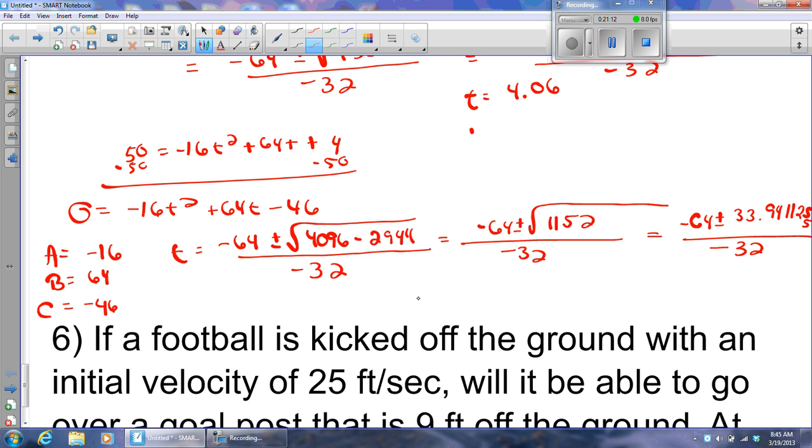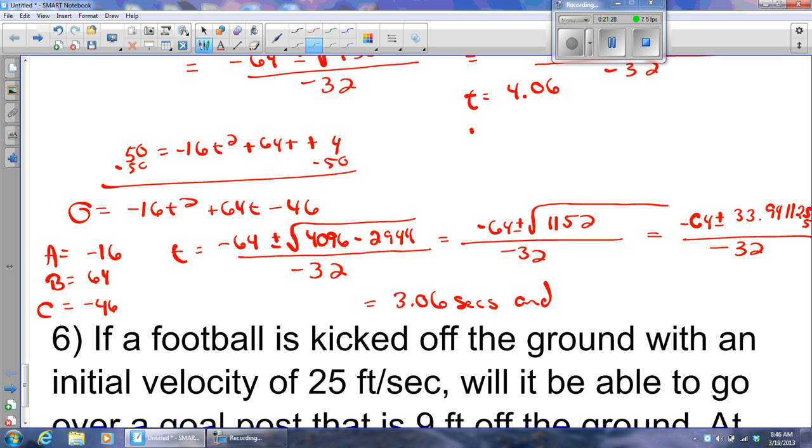Now, of course, I'm not typing all those numbers in my calculator. I'm letting the calculator use them. So let's see here. One of the times will end up being 3.06 seconds.